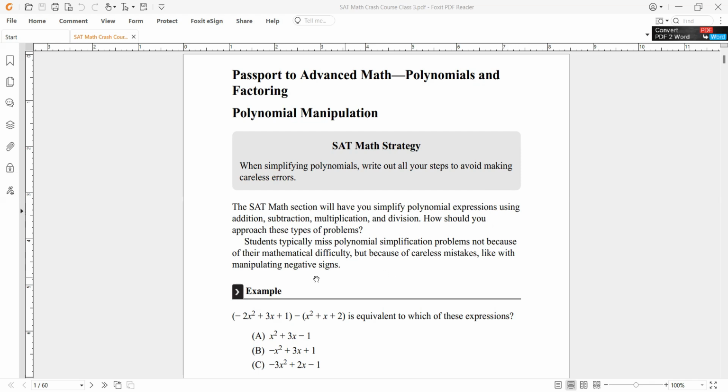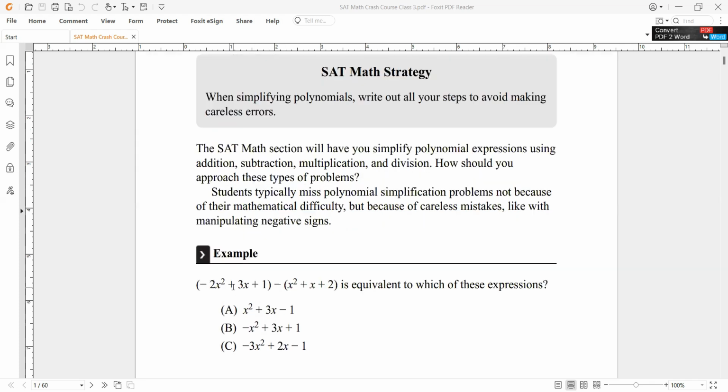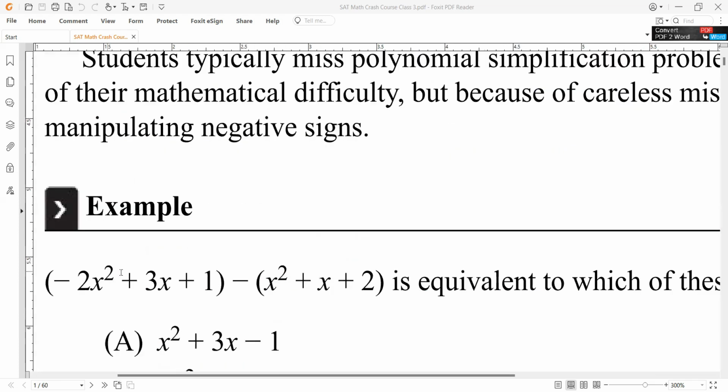For example, these are some basic information on which we are talking about. This is an exponent of 2, and there is an exponent 1, 3x to the power 1, plus 1x to the power 0. So the highest exponent is 2, and that's why we can say the degree of this polynomial is 2.